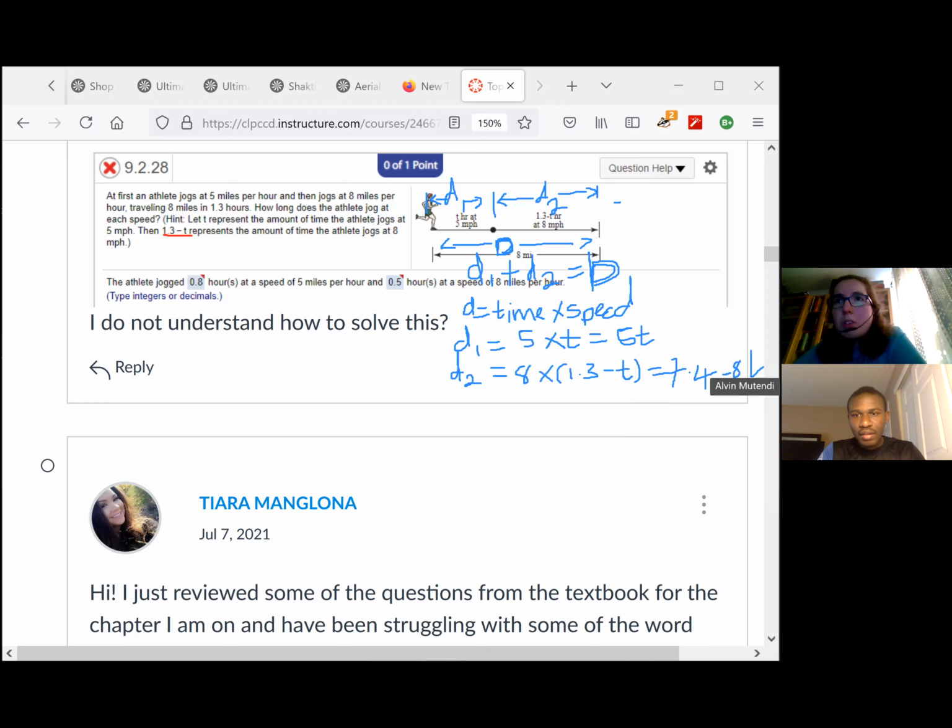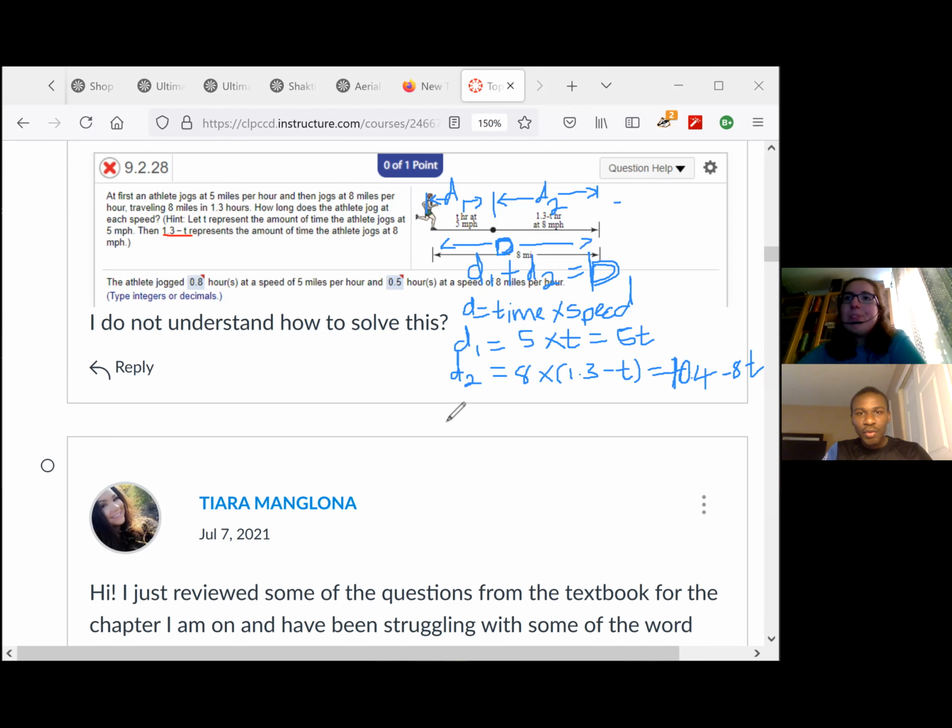Is that a 7.4 or a 10.4? It should be 8 times 1.3, so I think it's 10.4. Thanks, just making sure my calculation's right. I like that, it shows that you are following the process. So we have 10.4 minus 8T.